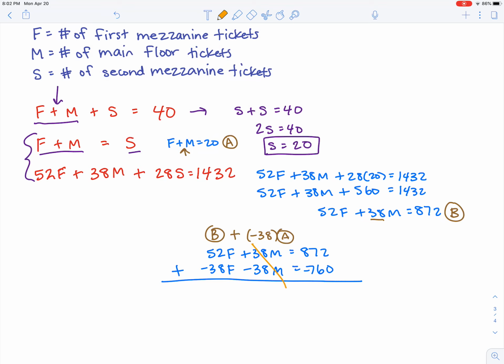So by doing this, I've eliminated the M terms. So 52 minus 38, 14F equals 872 minus 760, 112. So we can divide that by 14, and I have F equals 8.